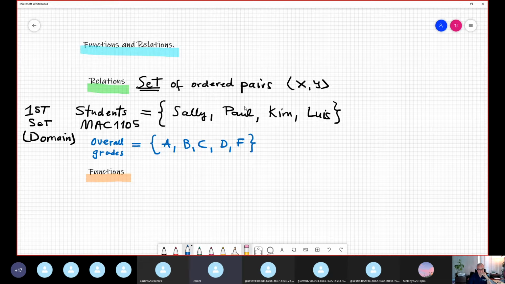Pero no, nobody gets F. Only if the student doesn't do the assignments, maybe gets D. Entonces now, this is the second set, que es called normally the range. Okay, range is the second, and domain is the first.